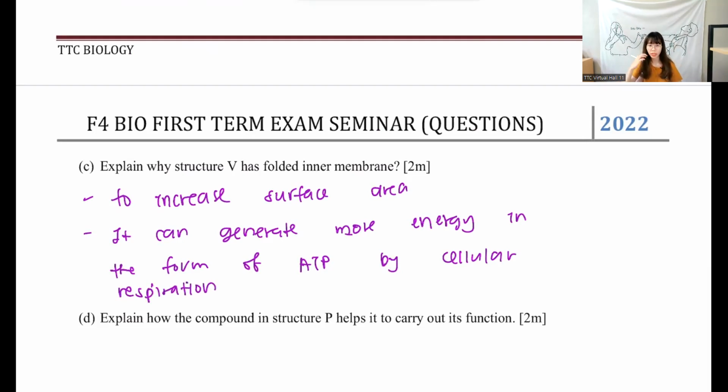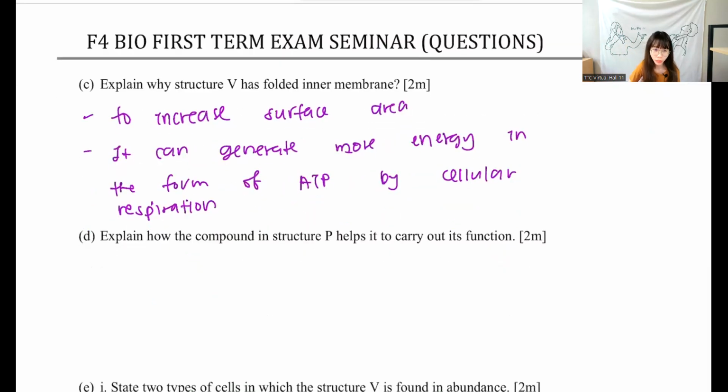So whatever you say increase surface area, you still have to base on whatever it is. If it's a mitochondria, then you have to generate more energy. If it's a root hair cell, to absorb more water and minerals. If it's a brain, then you increase surface area to store more neurons. So it depends on what are the examples.